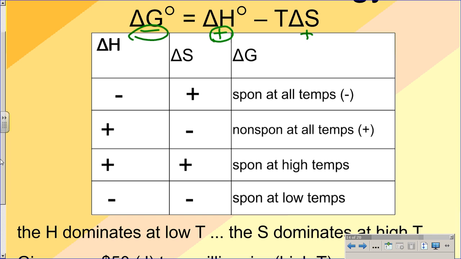I'm waiting on you. If you want this positive minus an even bigger positive number, that T needs to be big. Because if this is like 10 and you want it to minus 100, then temperature needs to be a large value to yield a negative, spontaneous reaction. Because if it was a small value, you might end up with a positive G still. So we have to do some calculations kind of in our head like that.